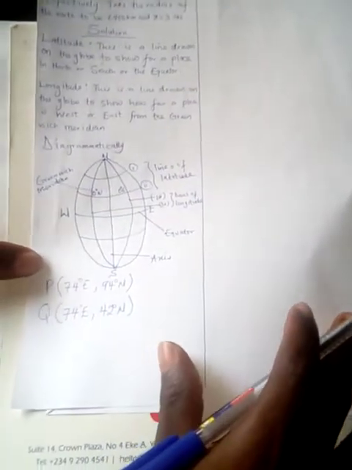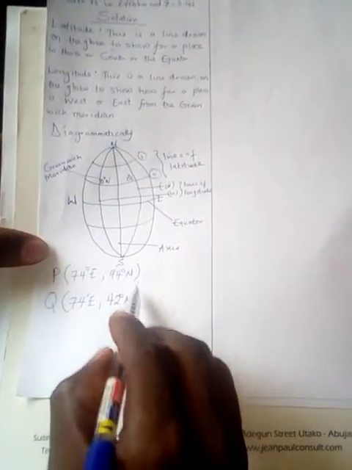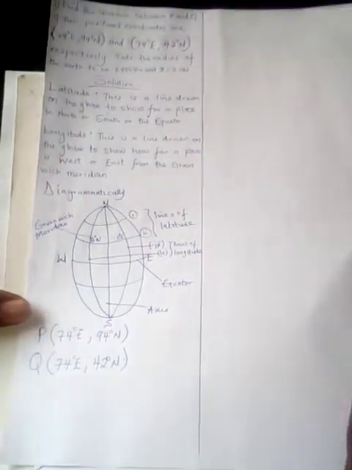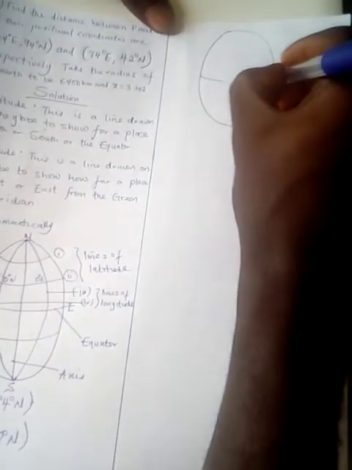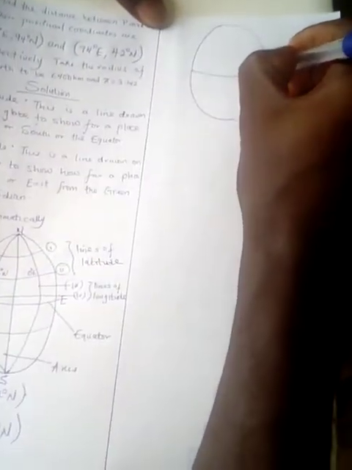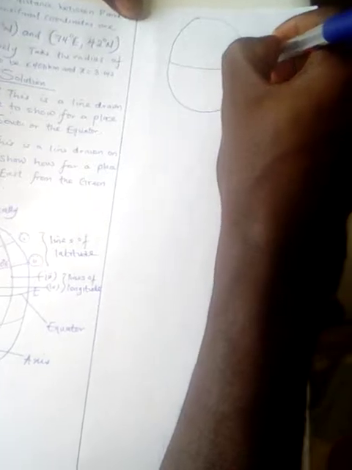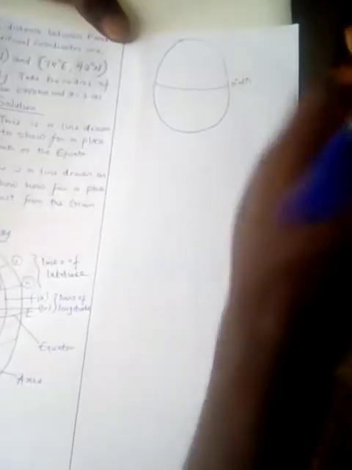The first thing we need to do here is to represent these 2 points on the globe. So now we need to draw another globe for this. I will assume this is my globe with an equator at 0 degree, north, then south.